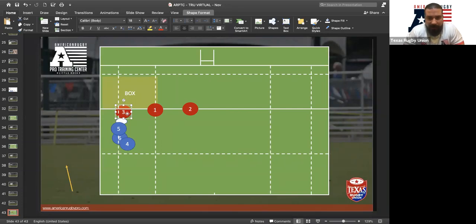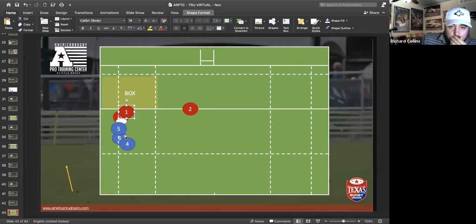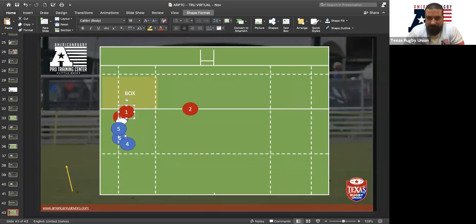So let's say the number 3 steals the ball and the number 1's there to help, and it's taking them 5, 6 seconds. The number 6 will pull out and the number 4 will pull out, so they can adjust with that transition. Whereas if we win the ball within a second, they're still going to be in that ruck situation, meaning that we can attack around the corner. So if we don't win the ball within a second, just leave the ruck alone. Don't need to go in there.